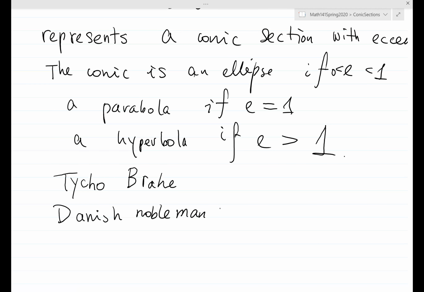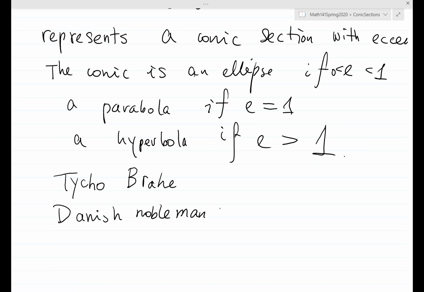And then, because of the invention of telescopes, like you see Galileo Galilei, who knew how to produce telescopes from glass. Now Tycho observed and got a lot of data about the position of the stars.